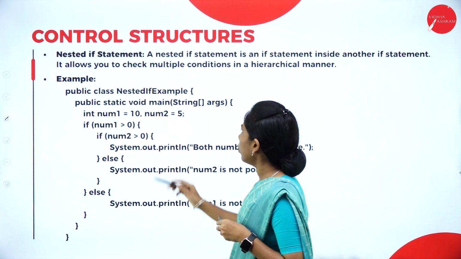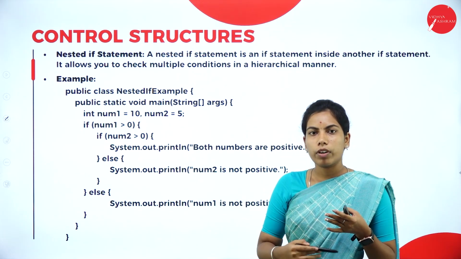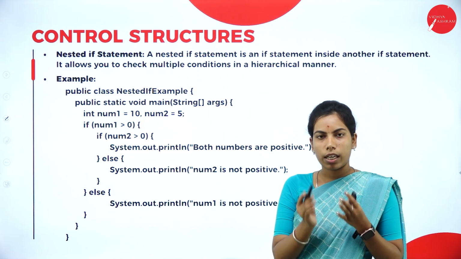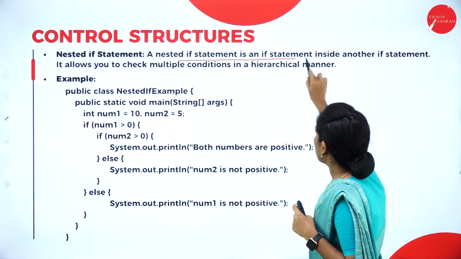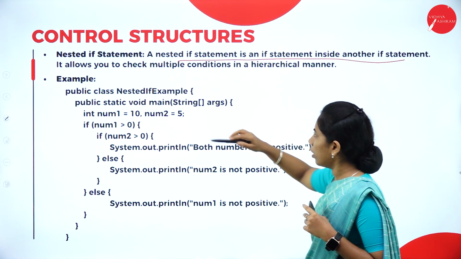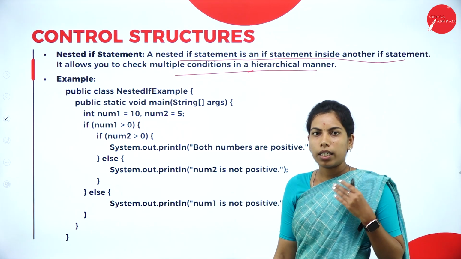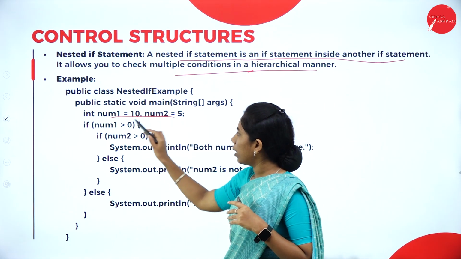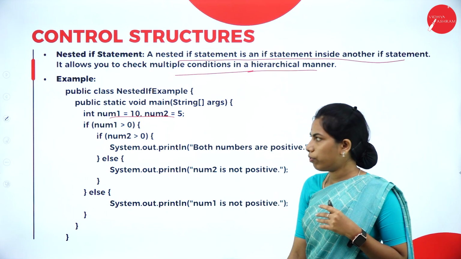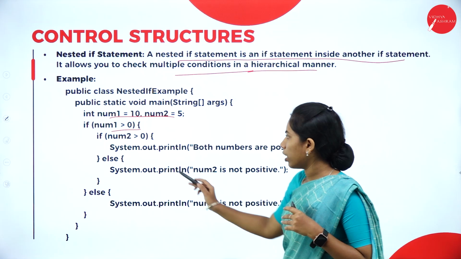And also come to a nested if statement. Inside the if you have multiple if conditions again, not an else if. If else if is there, it is considered to be a ladder if. And here, a nested if statement is an if statement inside another if statement. If you want to check multiple conditions in a hierarchical manner, in that case you can use a nested if. Again consider one example, int num1 is equal to 10, num2 is equal to 5, and if num1 is greater than 0, yes it is greater than 0.